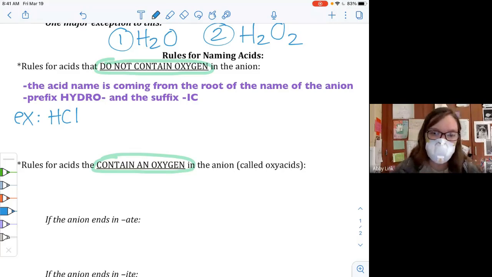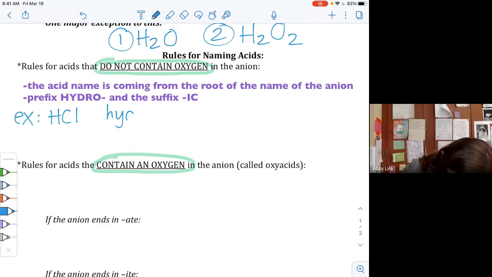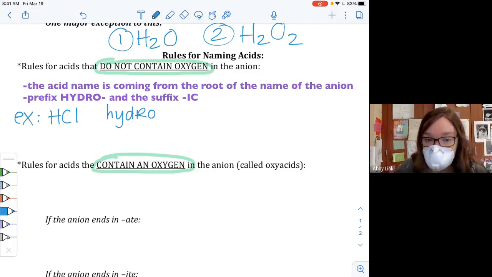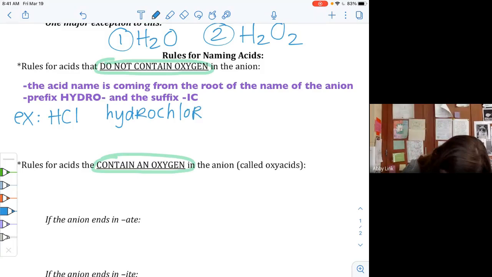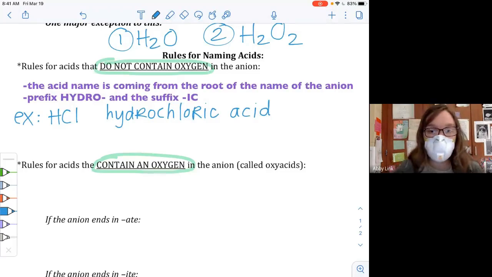I'm going to start by naming this by writing the prefix hydro. Cl is chlorine, so I want the root of that in the name. So chlor, and then I want the ending as ic, so hydrochloric acid. We always end the name with the word acid.